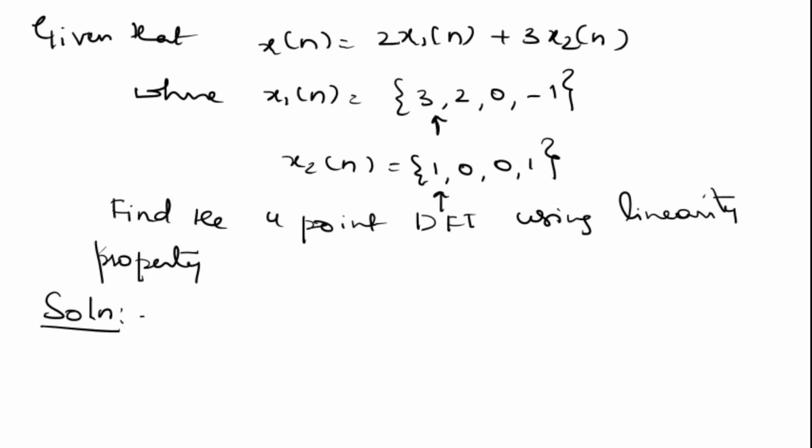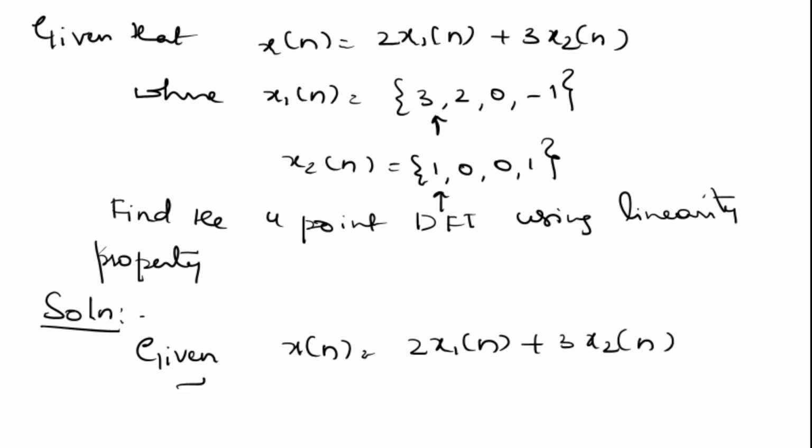So either we can use X1 method to calculate the DFT, or we can go for matrix method also. So it is given x of n is equal to 2 into x1 of n plus 3 into x2 of n. Next we have to take DFT.